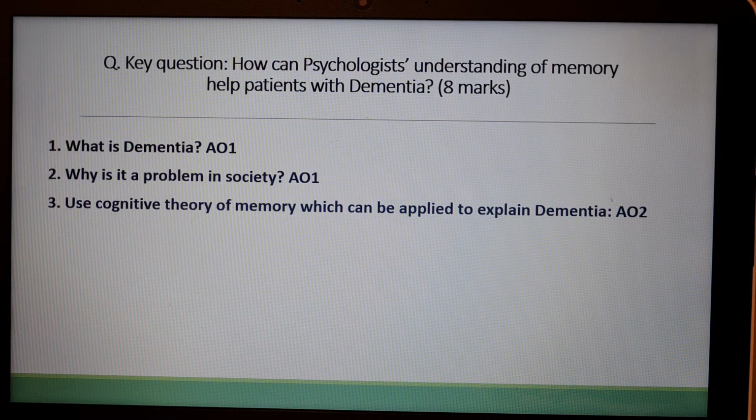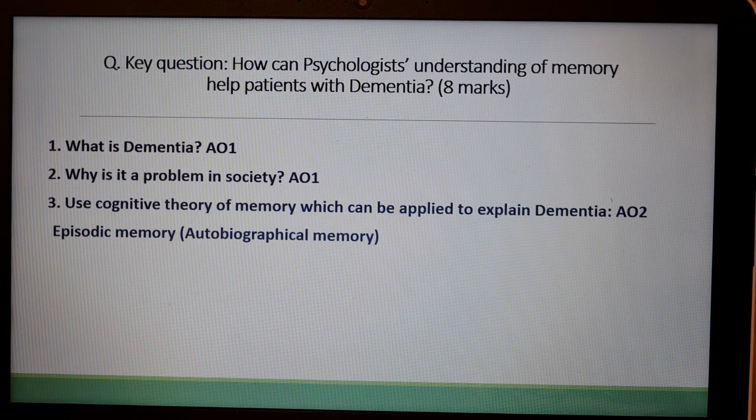Then you'd start mentioning some of the cognitive theories that you've looked at within the cognitive approach. The aim is to use those theories to explain or link to dementia or aspects of dementia. So this is obviously AO2, application, now. Some of the theories that you could mention or use are, for example, episodic memory. Remember, episodic memory is all about autobiographical memory.